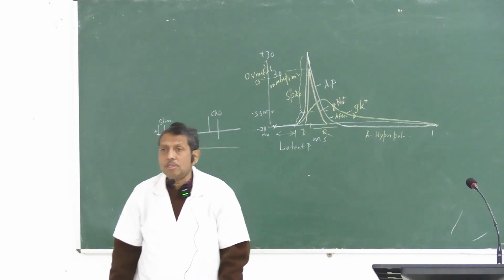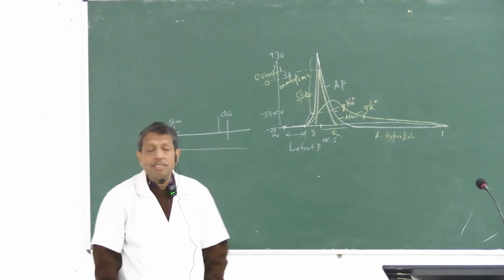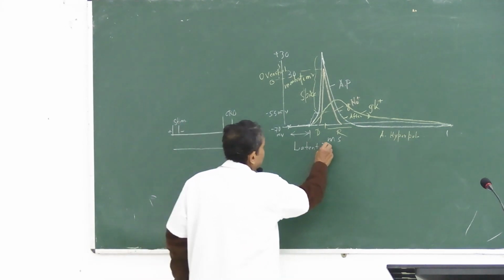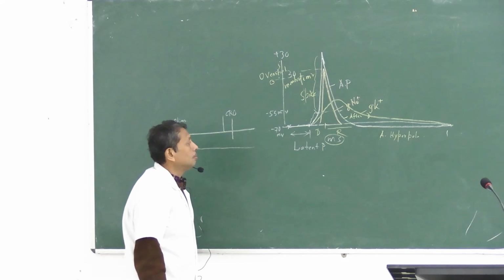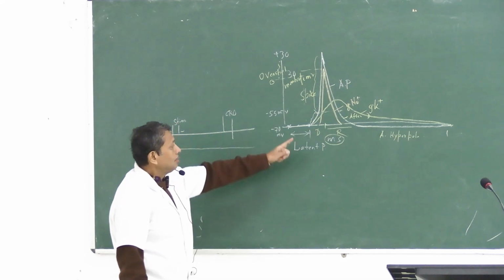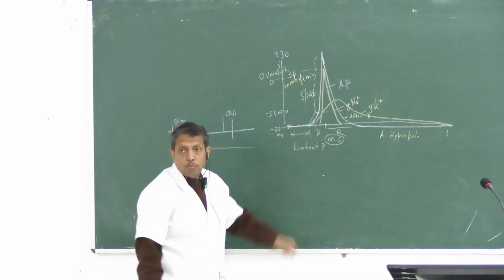This is a quick process occurring in milliseconds. So what occurs during this action potential generation?